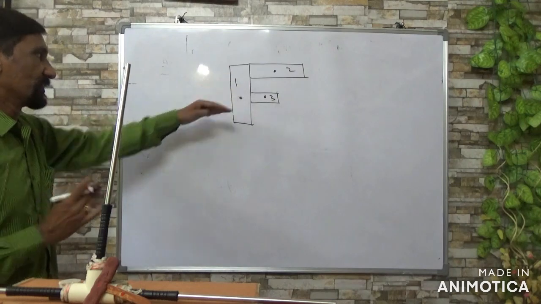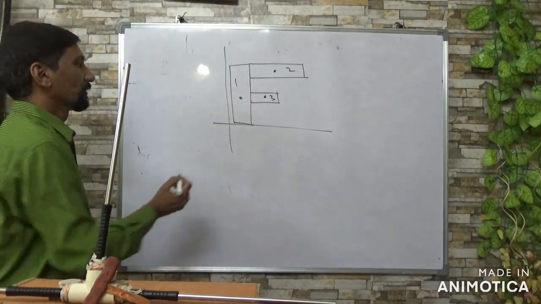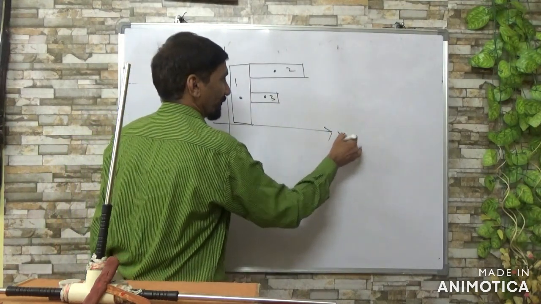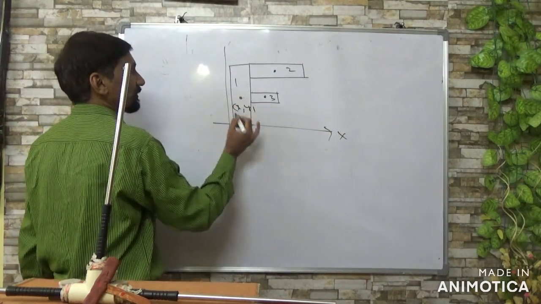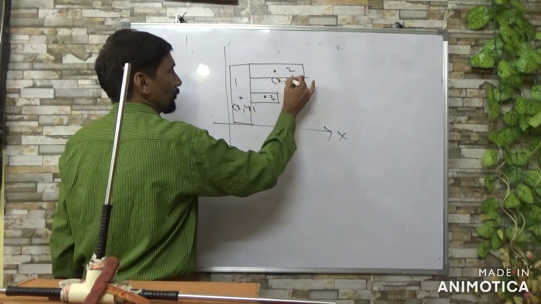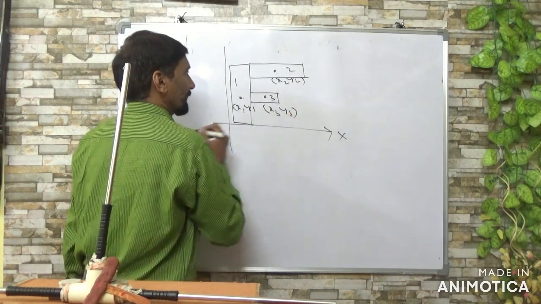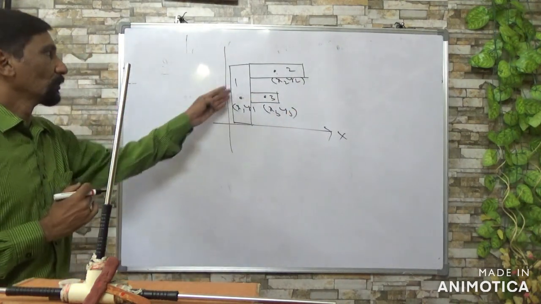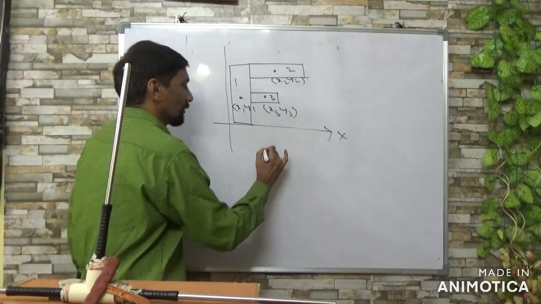So you attach this to a plane and find coordinates with reference to the x-axis. Say x1, y1, this one x2, y2, x3, y3. By knowing the coordinates and masses, you can substitute in the formula.